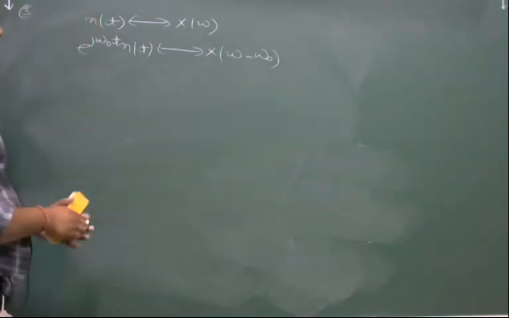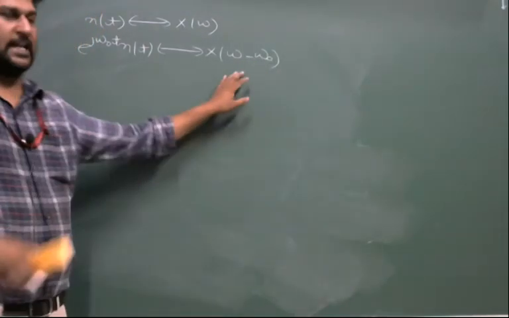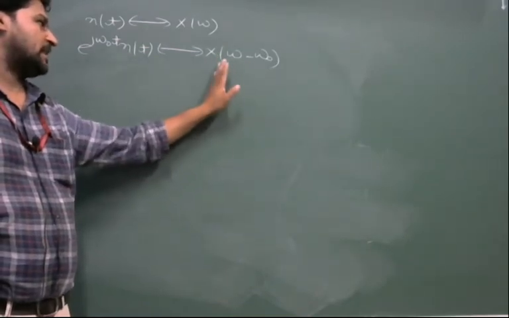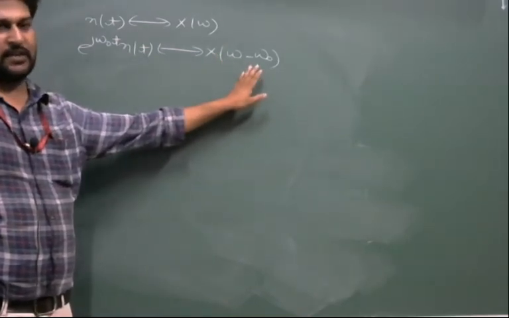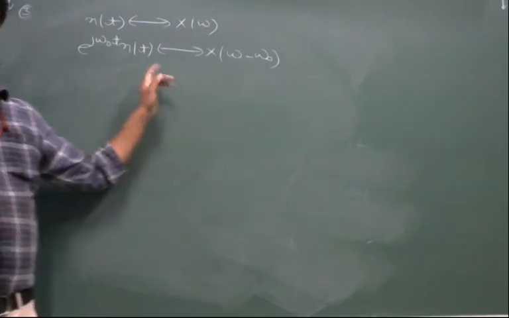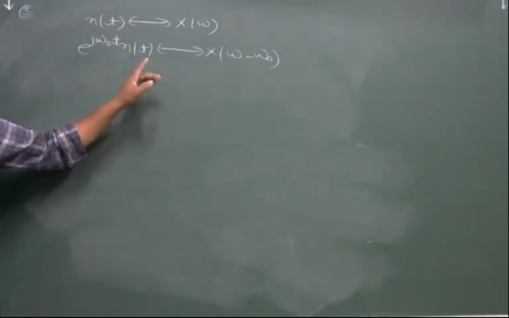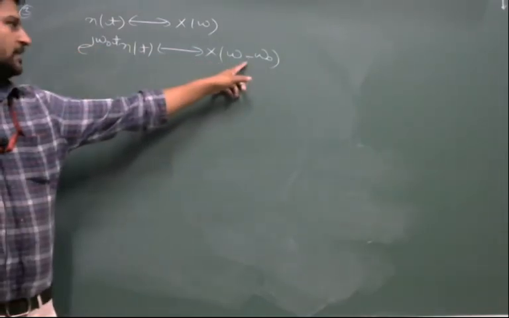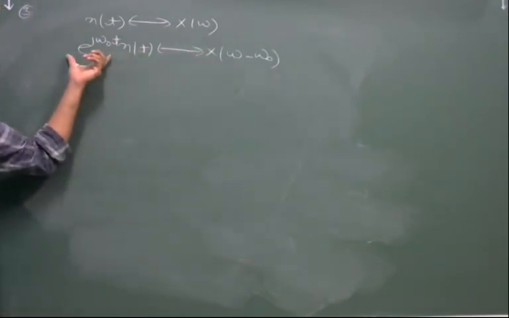And the point to emphasize here, if there is a negative sign here, means if the signal is shifted to the right in the frequency domain, then the signal in the time domain will be multiplied by e power plus j omega naught t. If minus is here, then the sign on the power of e will be positive.